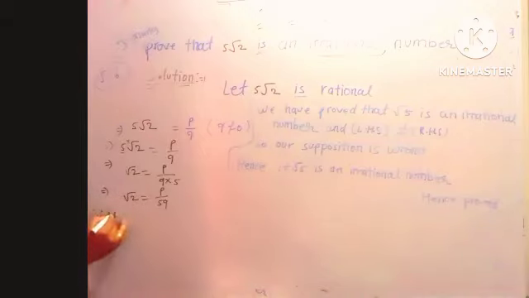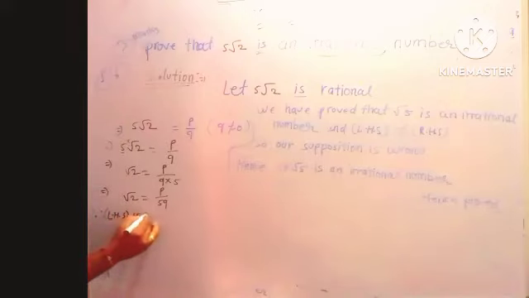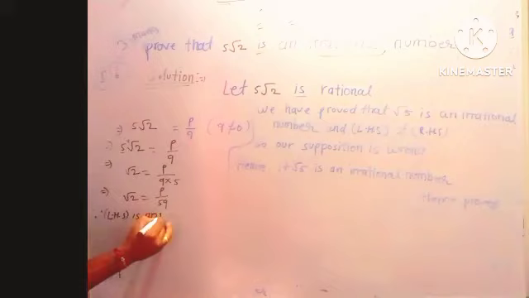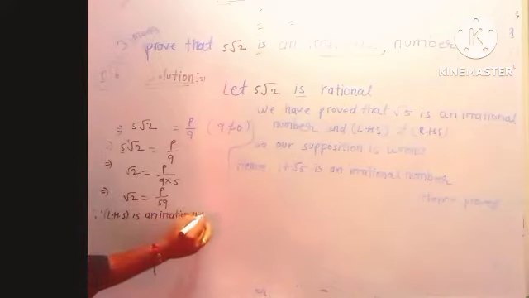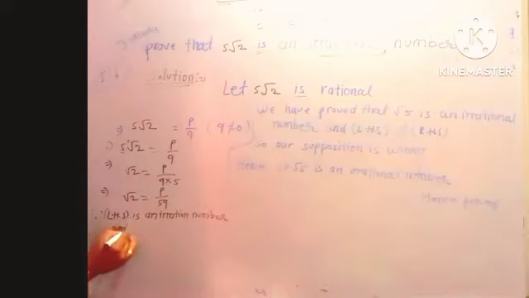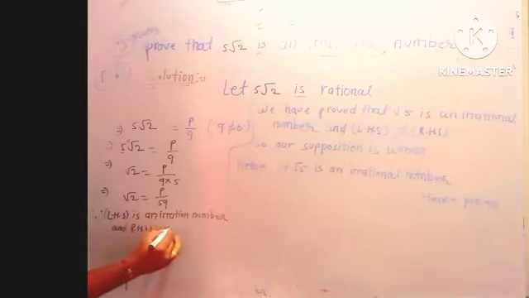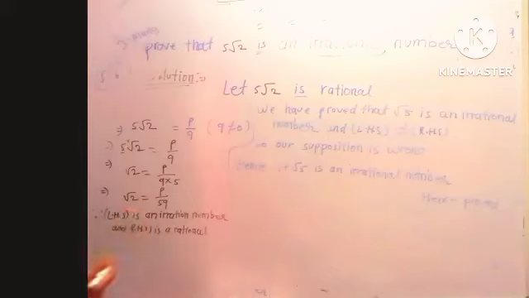We know that left hand side is an irrational number. And right hand side is a rational number.